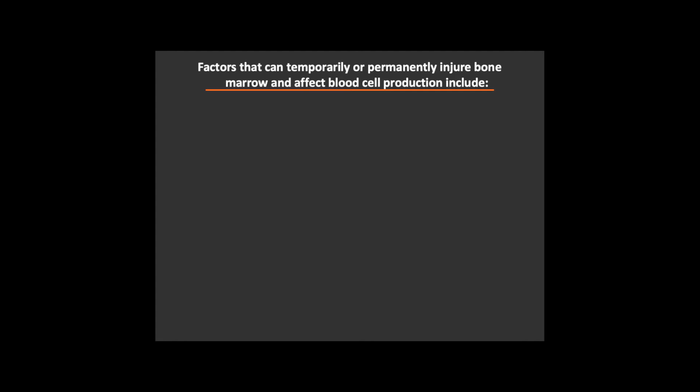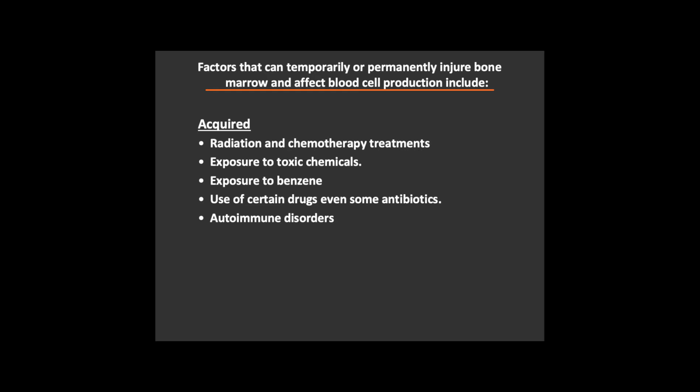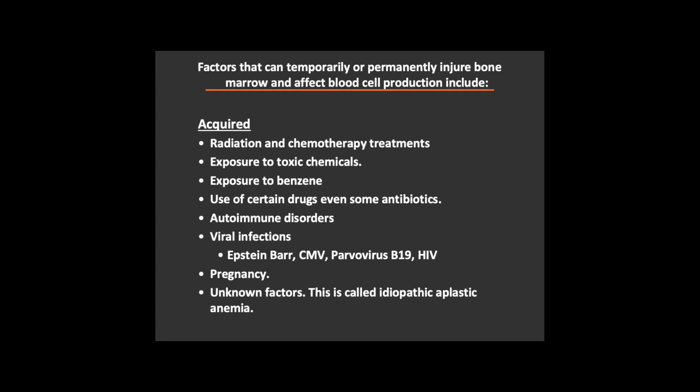So factors that can temporarily or permanently injure bone marrow and affect blood cell production would be radiation, chemotherapy, toxic chemical exposures such as benzene, which you get in gasoline when you're exposed to gasoline, certain antibiotics, other medications, could be an autoimmune disorder, viral infections, Epstein-Barr, cytomegalovirus, parvovirus, HIV, pregnancy, and then, of course, idiopathic aplastic anemia.